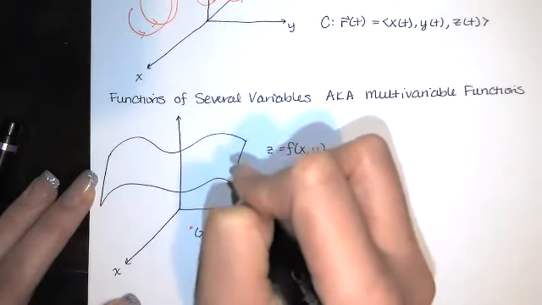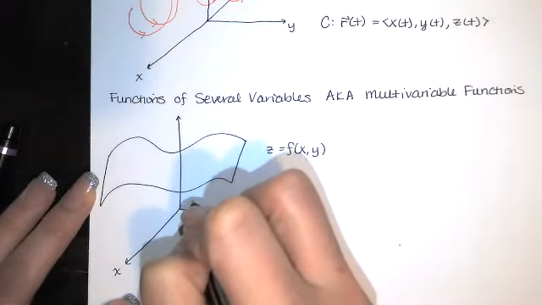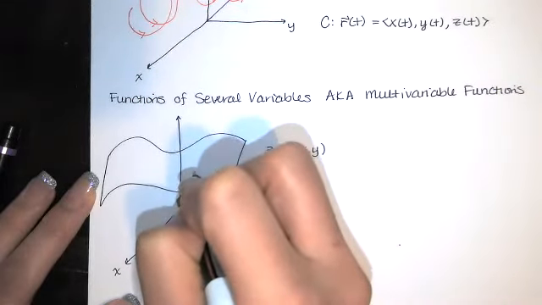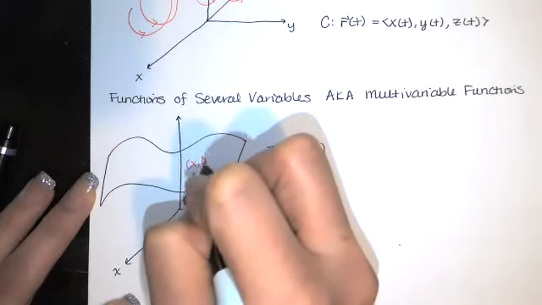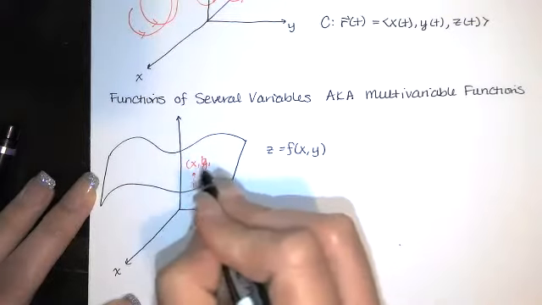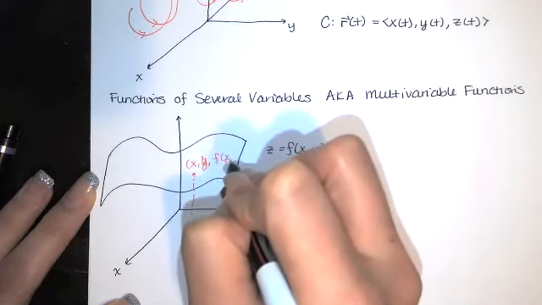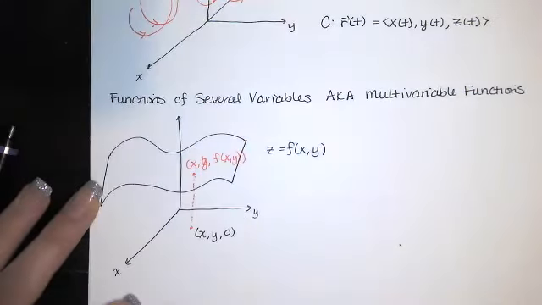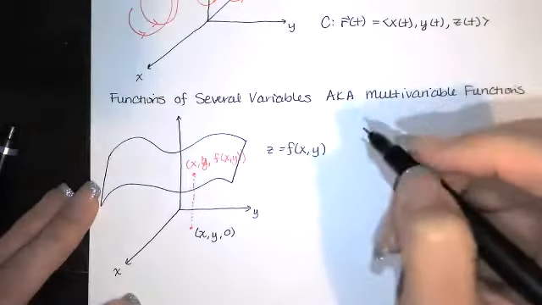And as x and y take on different values in the domain, they map to different z values. When we put those all together, we get a surface whose graph consists of the points x, y, and z equals f of x, y. But again, the principle is the same as what we studied previously.